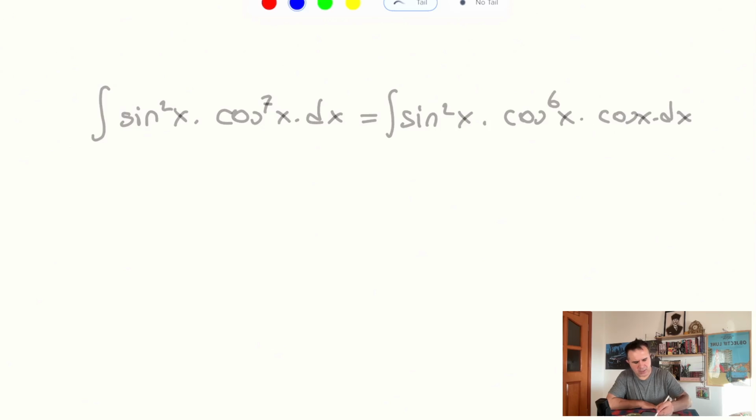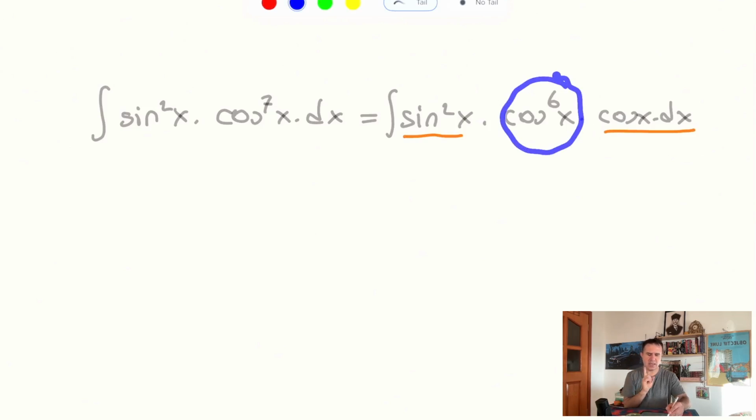Here we have sin x, and the derivative of sin x is cosine x multiplied by dx. If we can rewrite this cosine to the power of 6 x using sin x, we can solve the problem.